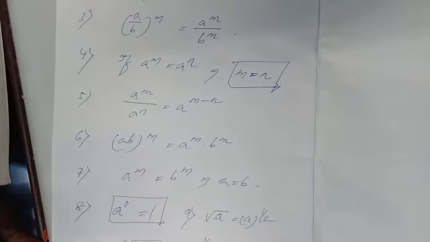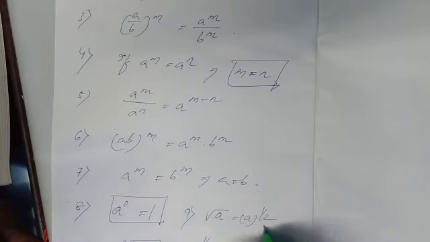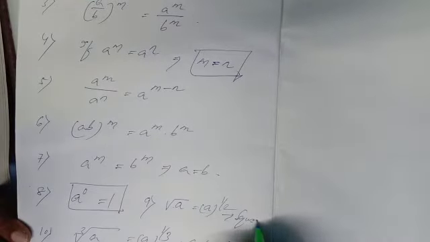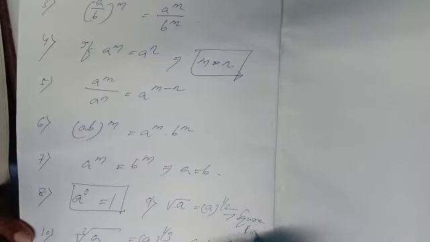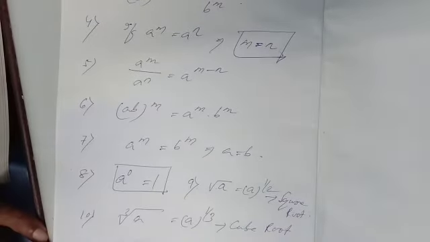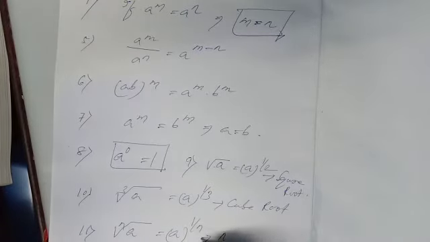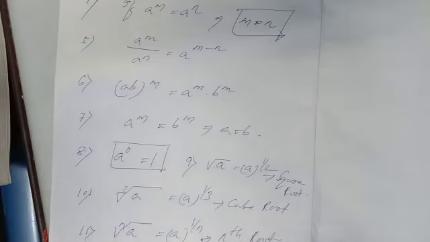This is called cube root, and this one is square root. Number 11, suppose it is given, this means a to the power 1 by n. This is called nth root. Okay, in this way I have given the laws of exponent.